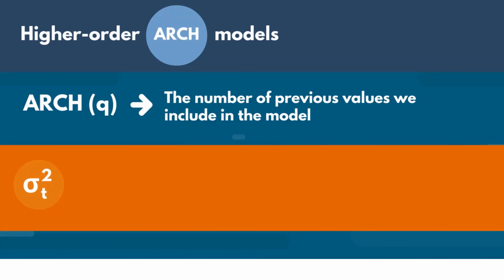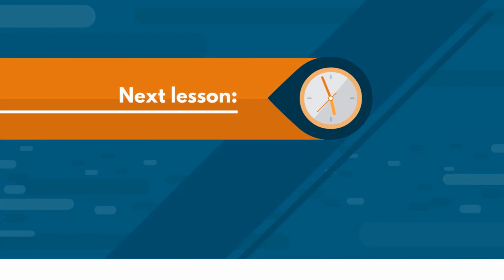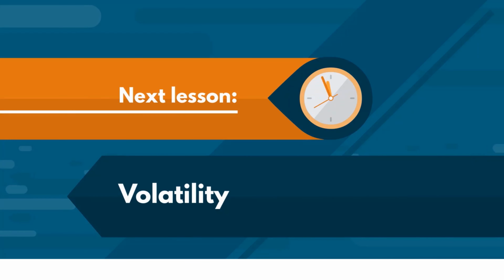Sigma squared t equals alpha null plus alpha 1 times epsilon in period t minus 1 squared plus alpha 2 times epsilon in period t minus 2 squared, and so on, up to alpha q times epsilon in period t minus q squared. Great. Now that we've explained what the model looks like, we're ready to understand what it measures.